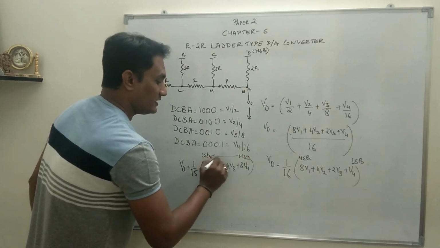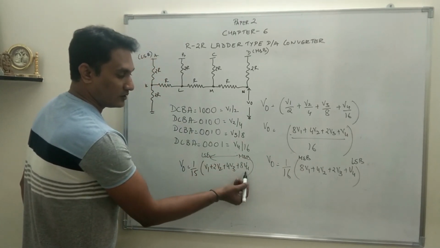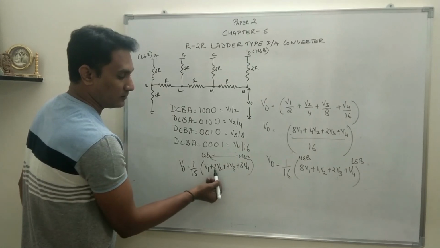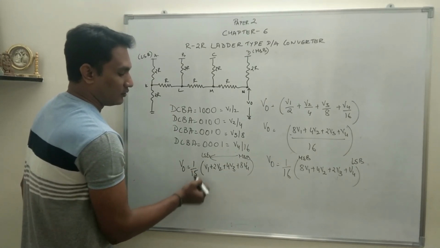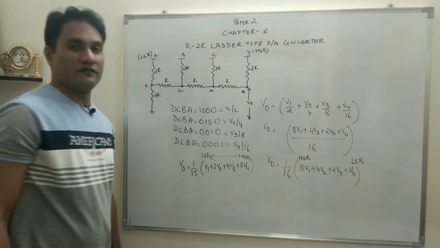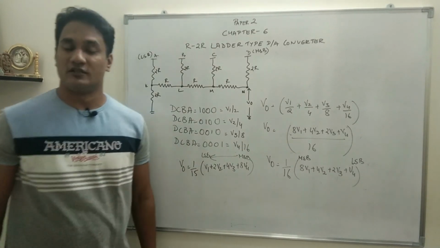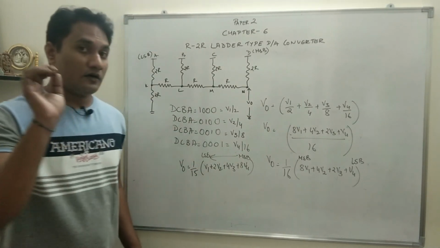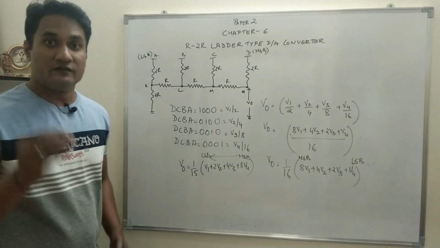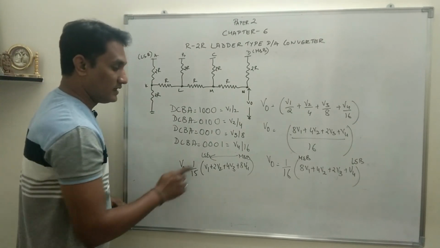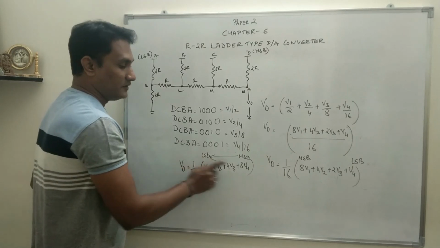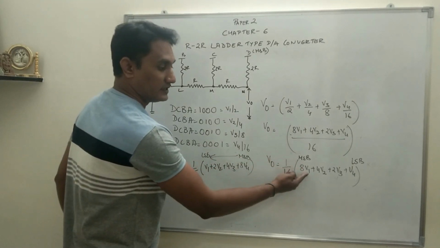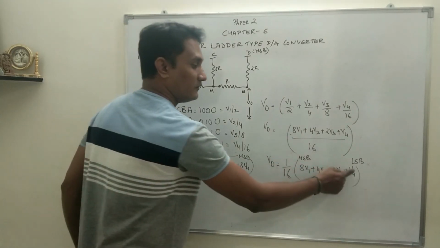So if you see from MSB to LSB, the ratio remains the same, 8V4 plus 4V3 plus 2V2 plus V1. The only difference is 1 by 15 and 1 by 16, so the output voltage will vary accordingly. The very important thing to understand is, there V1 is LSB, V4 is MSB. Here it is different: V1 is MSB, V4 is LSB.